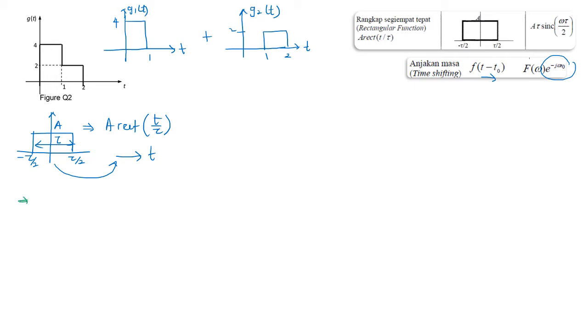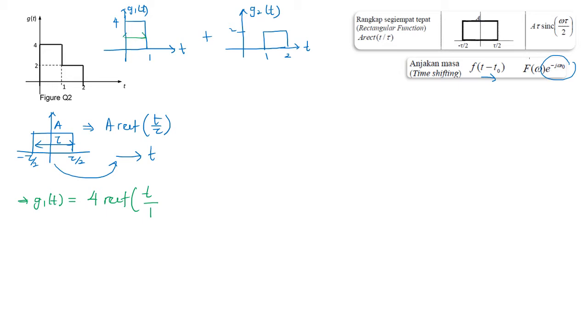In this case, g1(t) equals A rect(t over tau). The tau is 1, the width is 1.